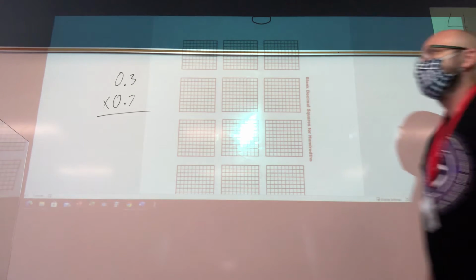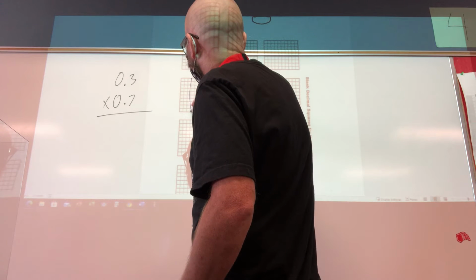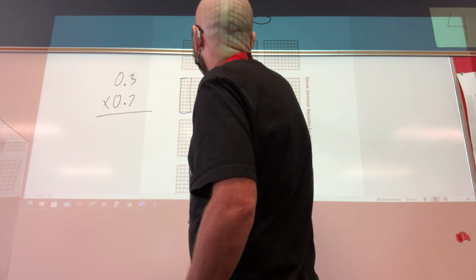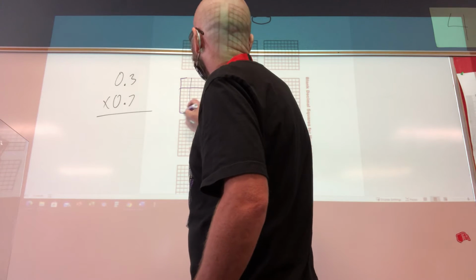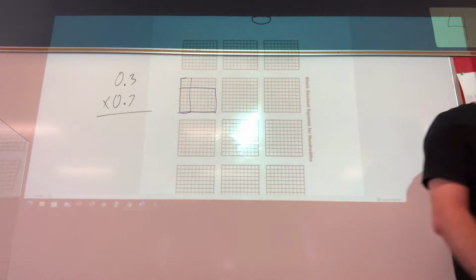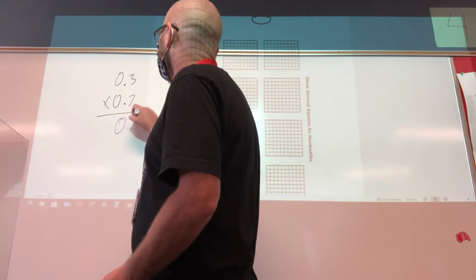So I have 3 tenths shaded this way, 7 tenths shaded this way. And what I'm looking at are the ones in this box, which is 21. So I'd have 21 hundredths.